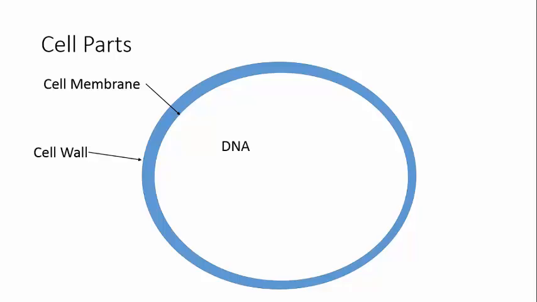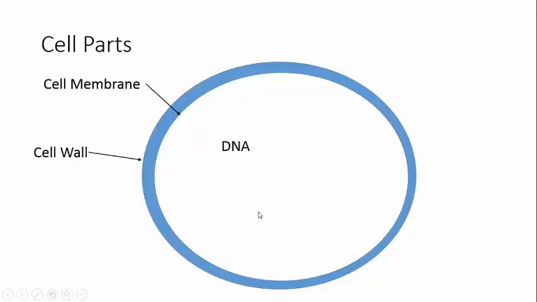Enough about cell walls. Let's move on to DNA. All cells have DNA, and I've got a later video talking about what DNA is. In prokaryotic cells, bacterial cells, that's the main group of prokaryotes we're going to be talking about, their DNA is just kind of inside the cell. When we look under the microscope, we cannot see anything enclosing it.